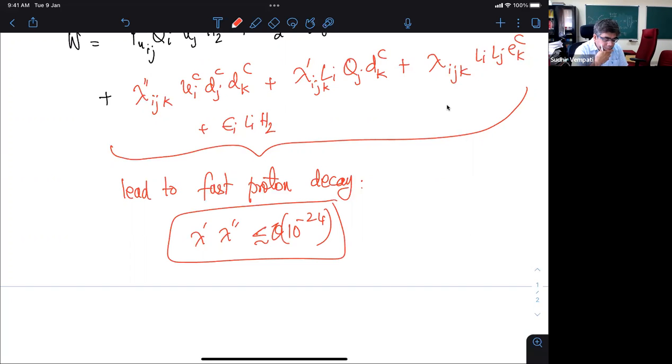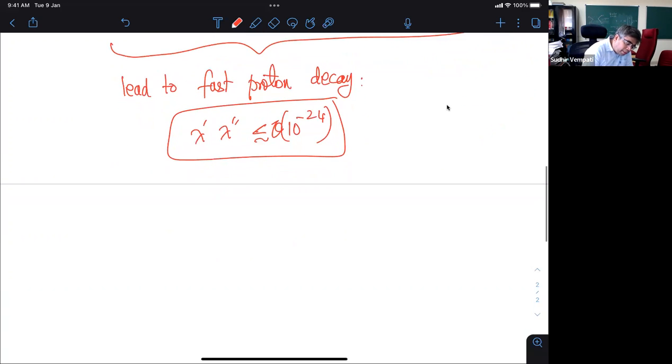So to do that, I introduced a new simple symmetry called R parity.